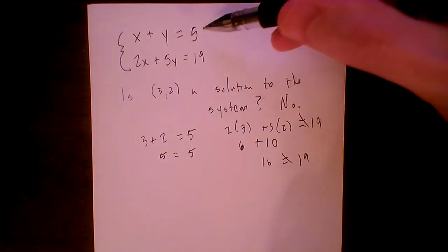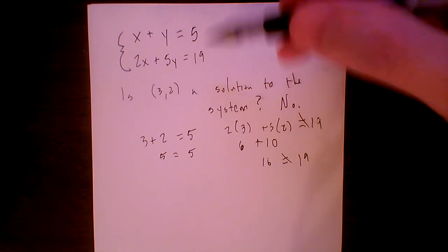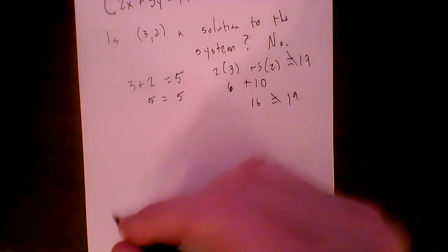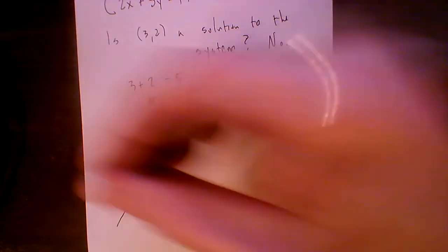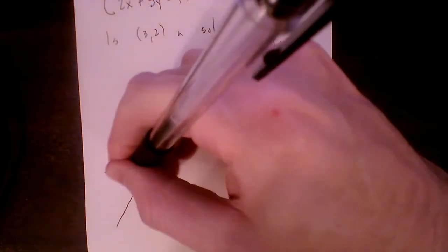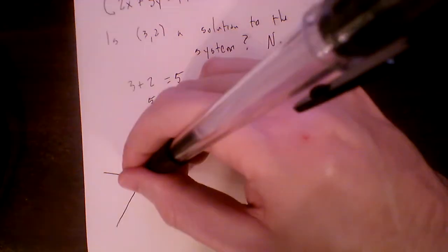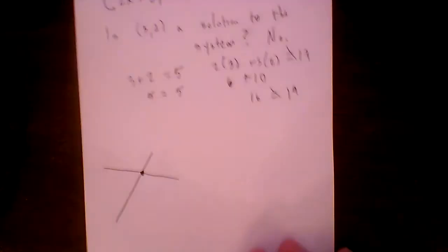Now, we know that the graphs of both of these equations are going to be straight lines, right? And so the most common thing that will happen is, maybe you have one straight line that looks like this if we're talking graphically, and then the other straight line looks like this, maybe. Okay. And then the solution to our system is going to be this point where those two lines cross.